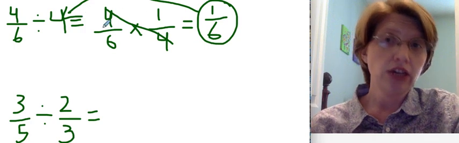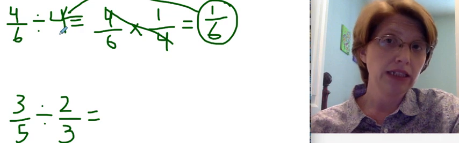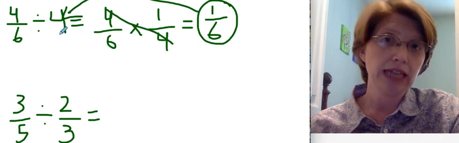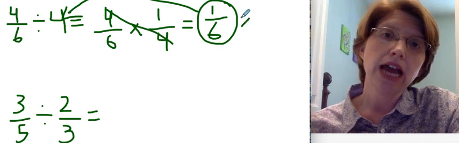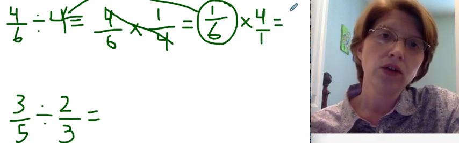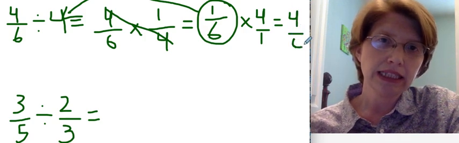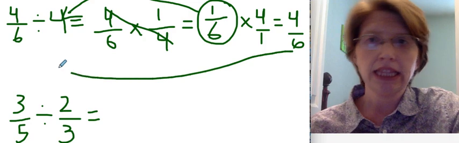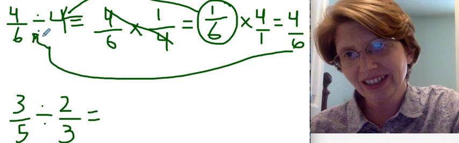So take your answer and take the right number and multiply it without flipping it. So if I were to do that, it would be 1/6 times 4, which is really 4/1, and then I would wind up with 4/6.